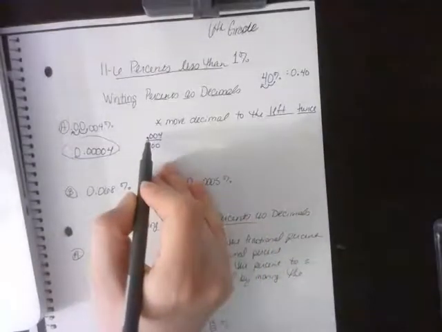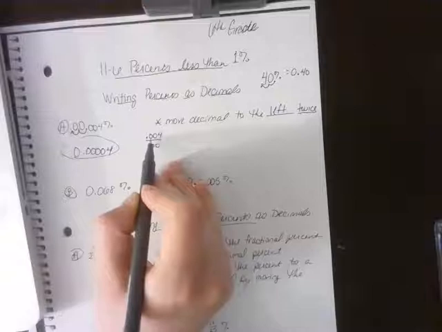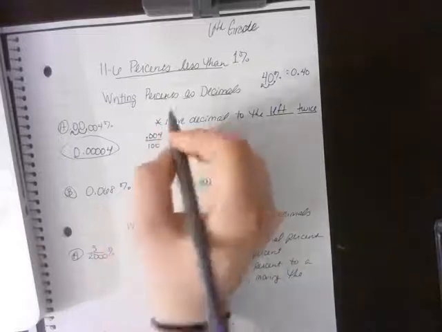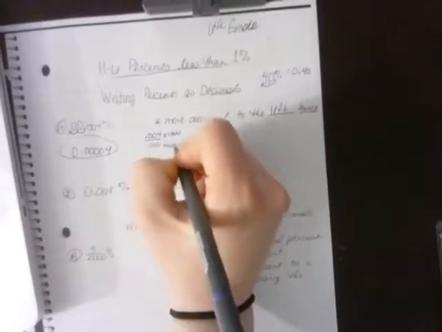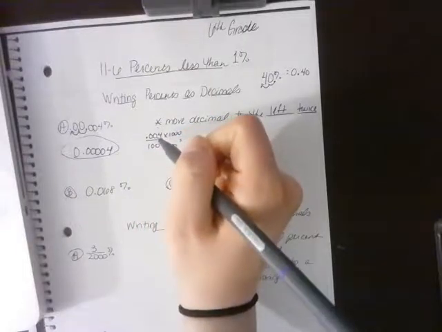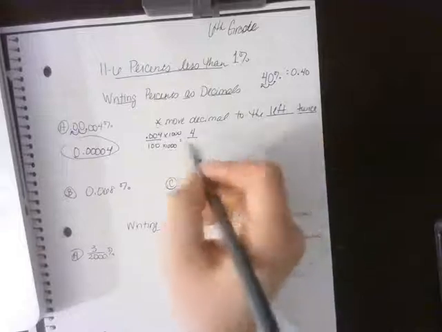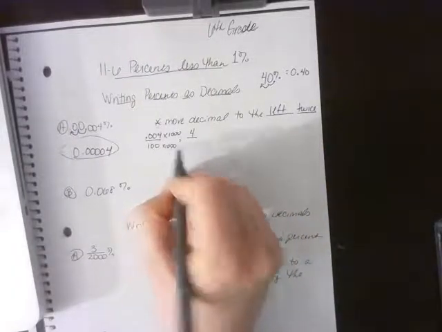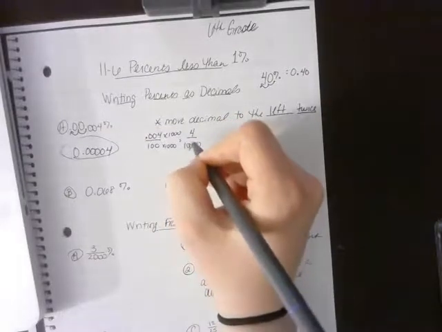But we can't have a decimal in our fraction. So however many numbers are in our decimal, so 1, 2, 3, it's in the thousandths place. So we're going to times this by 1,000 to get rid of our decimal. We would do the same thing on the bottom. If I multiply 4 thousandths by 1,000, that would give me 4. And then 100 times 1,000 gives us 1, 2, 3, 4, 5 zeros.